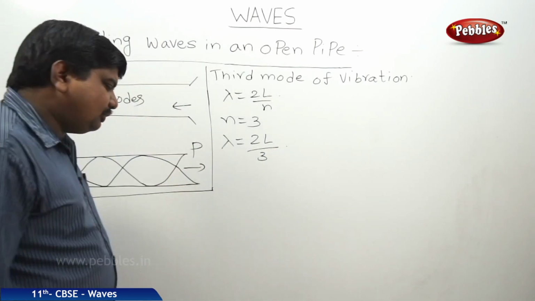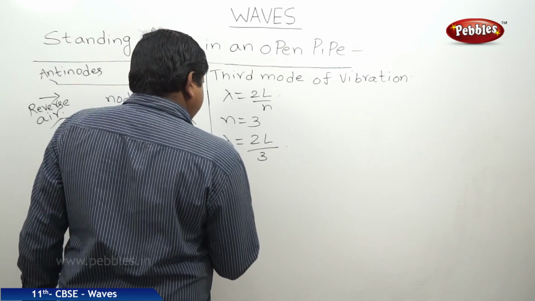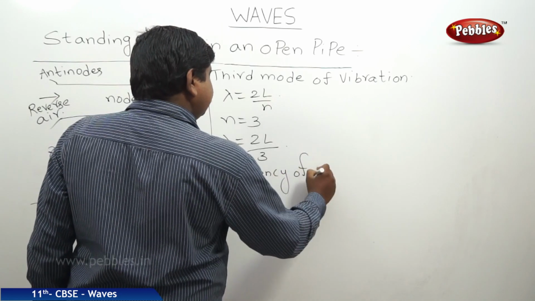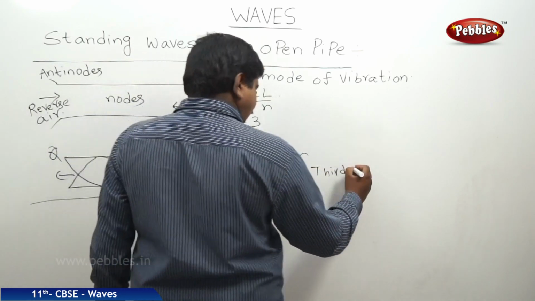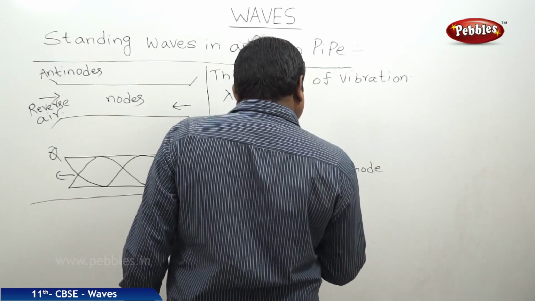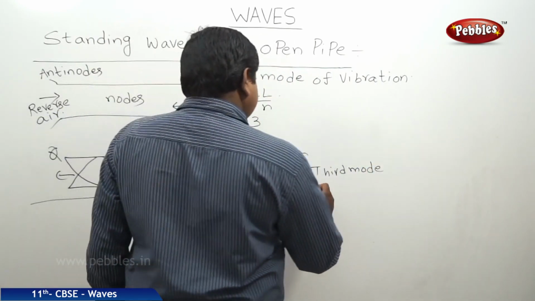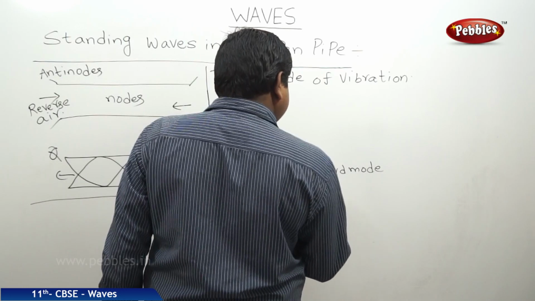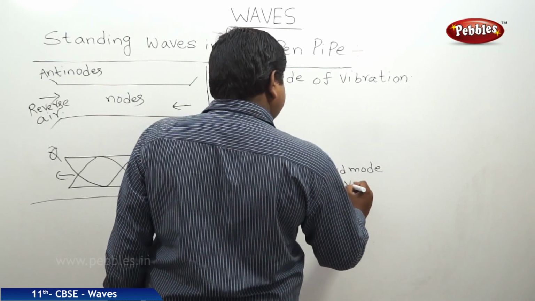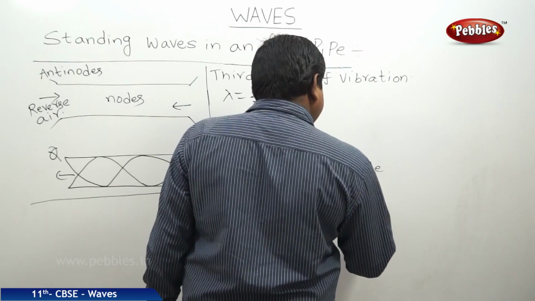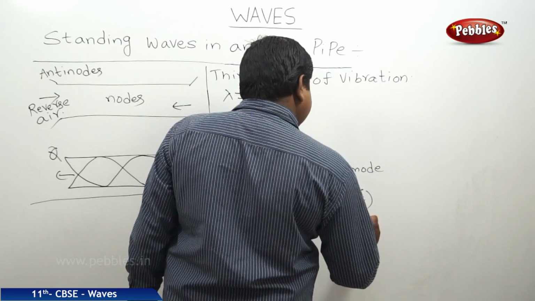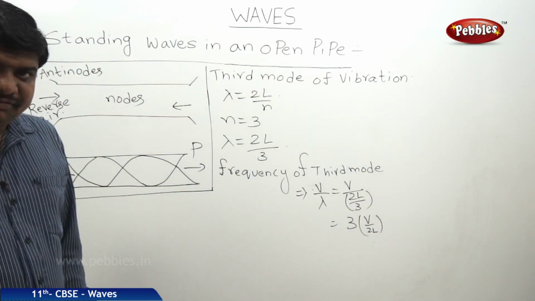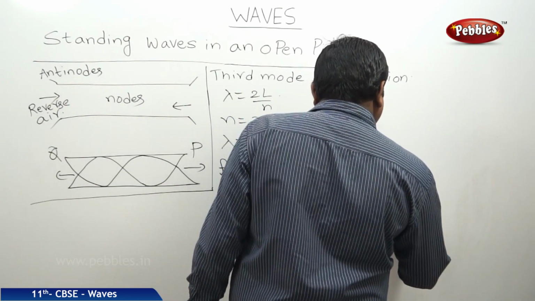The frequency of the third mode is equal to V by lambda. Therefore, it is V by 2L by 3, which is 3 into V by 2L. We know that V by 2L is the fundamental frequency. Therefore, it is 3F1.